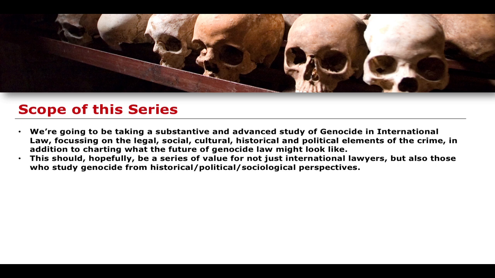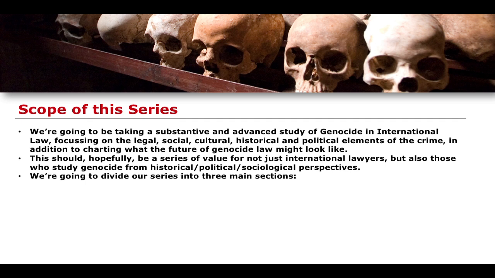Rather than defining everything as a genocide, what are the steps that are taken to make a determination about what is and what isn't genocide in international law? So it should hopefully be of value for many different people around the world, I hope at least.